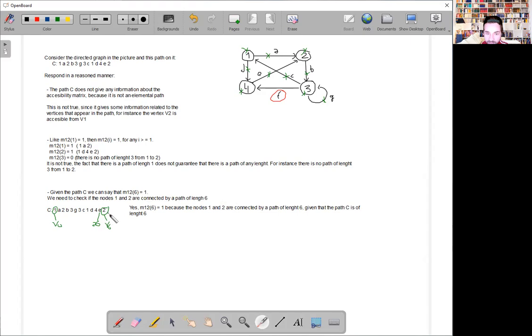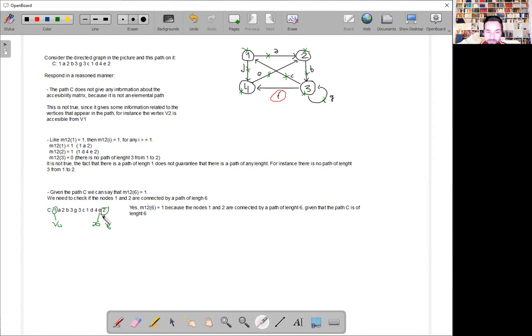Okay, and what would happen if this path was longer, right? Would the question still be valid? The answer, think about it by yourself. What happens if we have a loop here, right? A loop of length 1 here, or on 3, for instance, what would happen?